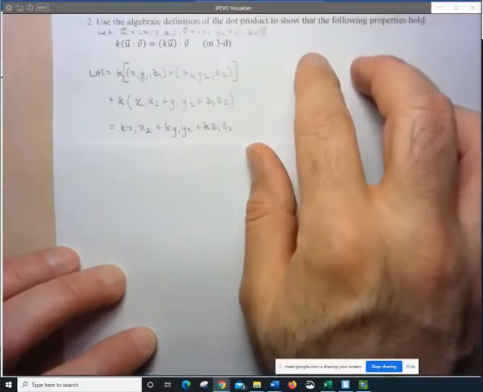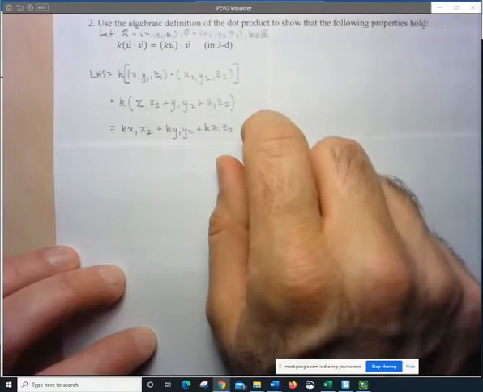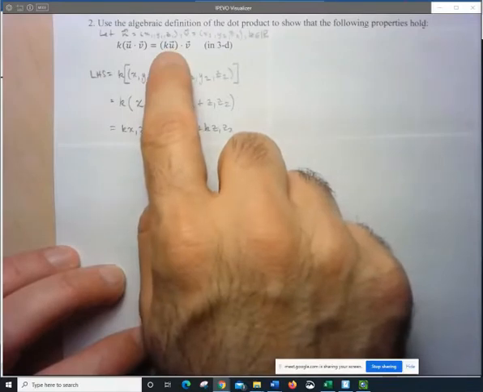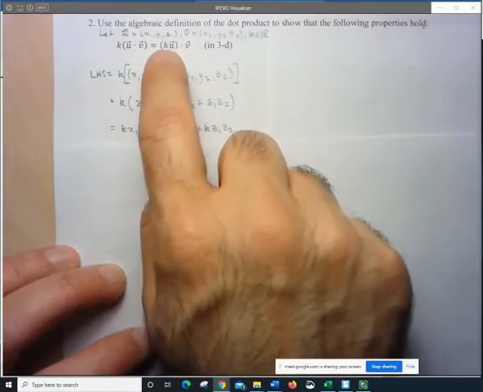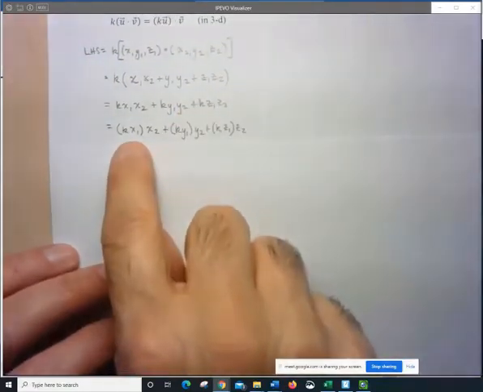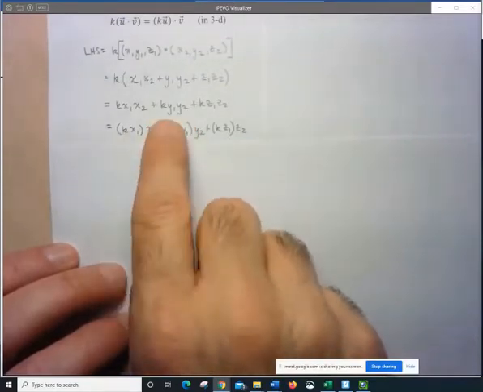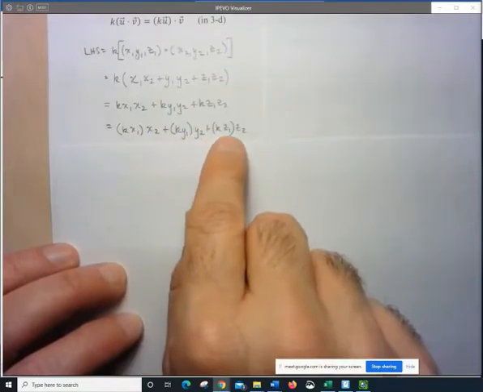And now this is where, like we used to do with trig identities, I sometimes look to the other side for a bit of inspiration. It looks as though I want to combine together this k and this vector u. So that's what I do here. This is a perfectly legal operation with real numbers: I can group together the multiplication of k times x1, k times y1, k times z1.